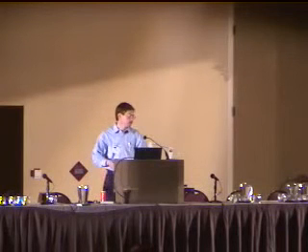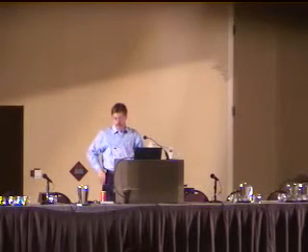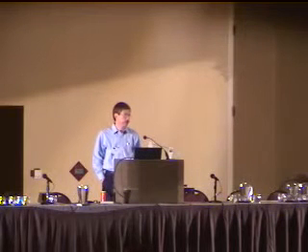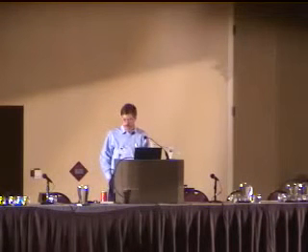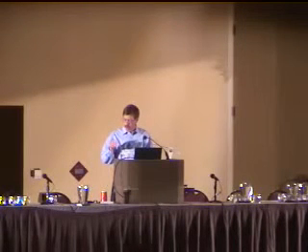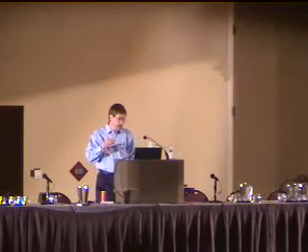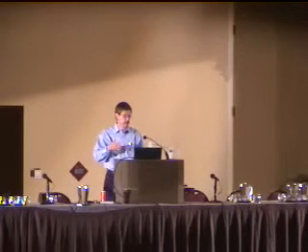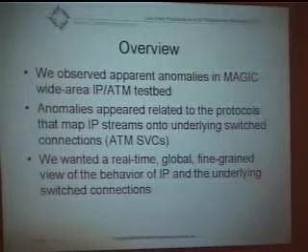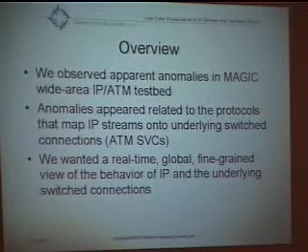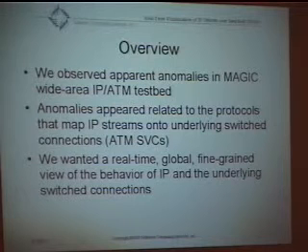So this project started when we were working on the Magic 2 network some years ago, a wide area IP ATM research testbed. And we think we detected certain sorts of anomalies, and they appeared to be related to the protocols that map IP streams into SVCs. It appeared that if they ran out of SVCs or SVC connections in the network, they would just start to behave poorly.